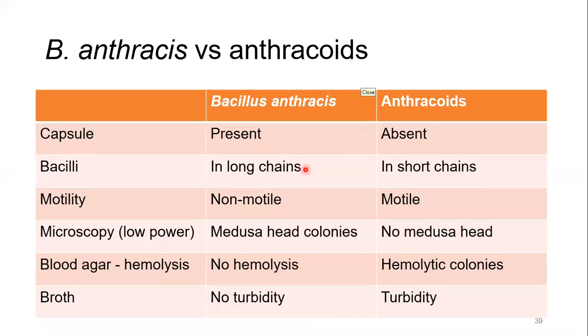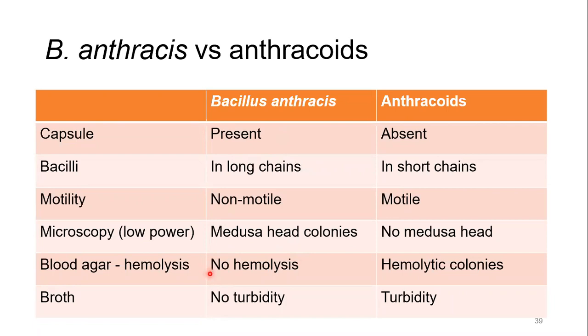Okay, thank you. So then we have the other organisms that are not bacillus anthracis. So we said we have a capsule in anthracis. The rest of the bacillus species do not have capsules. Where anthracis forms long chains, the rest form short chains. Where it's non-motile, the rest are motile. We said the medusa head colonies are characteristic of bacillus anthracis, the rest do not form that.